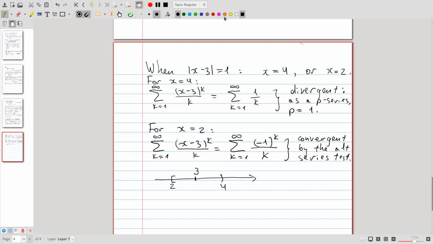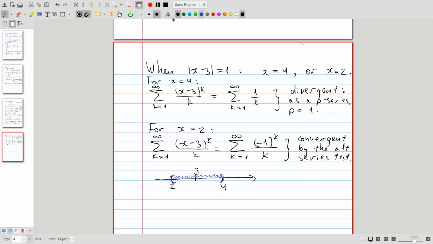And so our series is convergent for all x's that are over here and divergent everywhere else. So it is specifically convergent for x equals 2, right? Because as we tested, we got this conclusion here. And it is divergent for x equals 4.